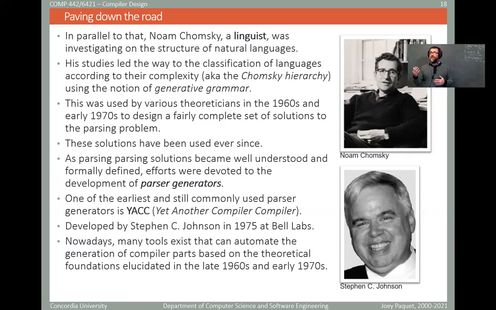That's why it's called a generative grammar. This notion of generative grammar is still used. It's almost the only thing that is used to actually build compilers nowadays. So you see that computer science is in this case using information or techniques that are designed in other fields. That happens very often in computer science.